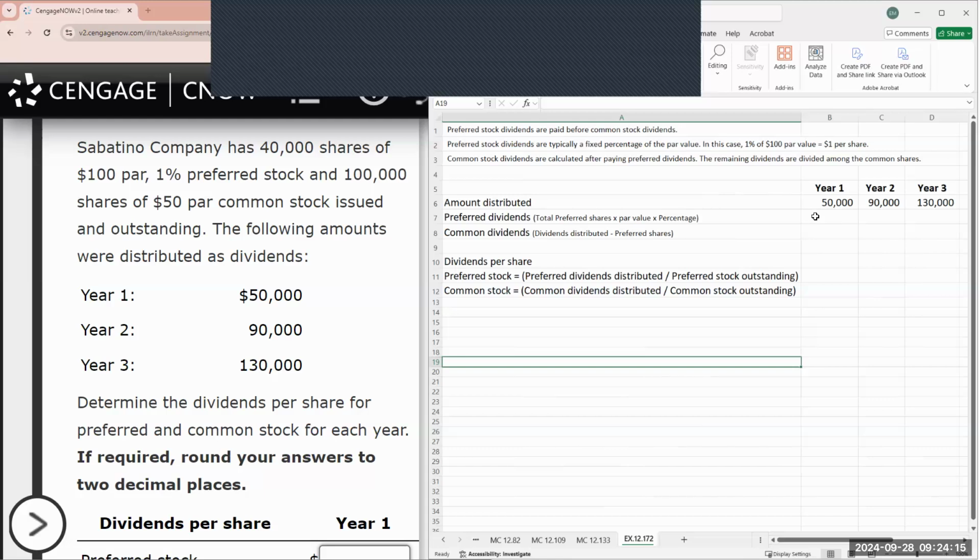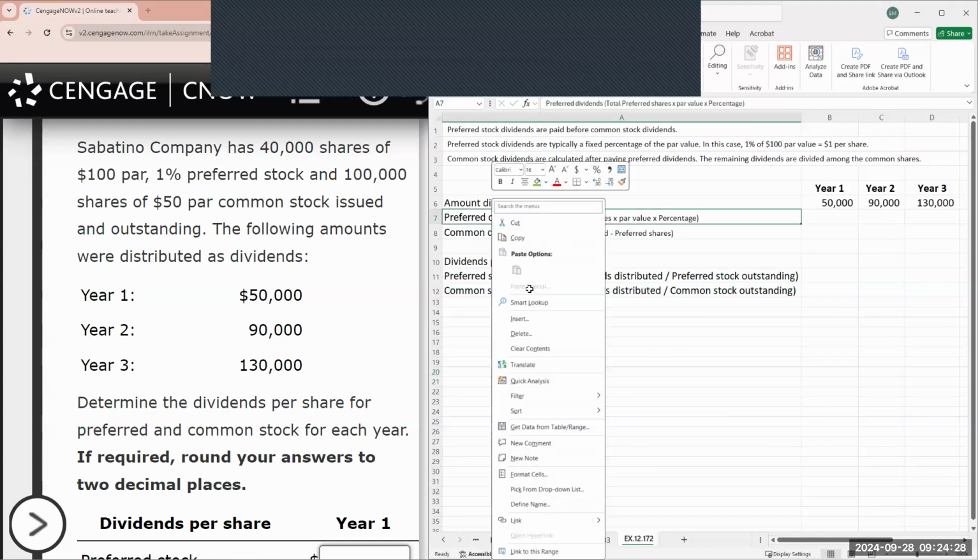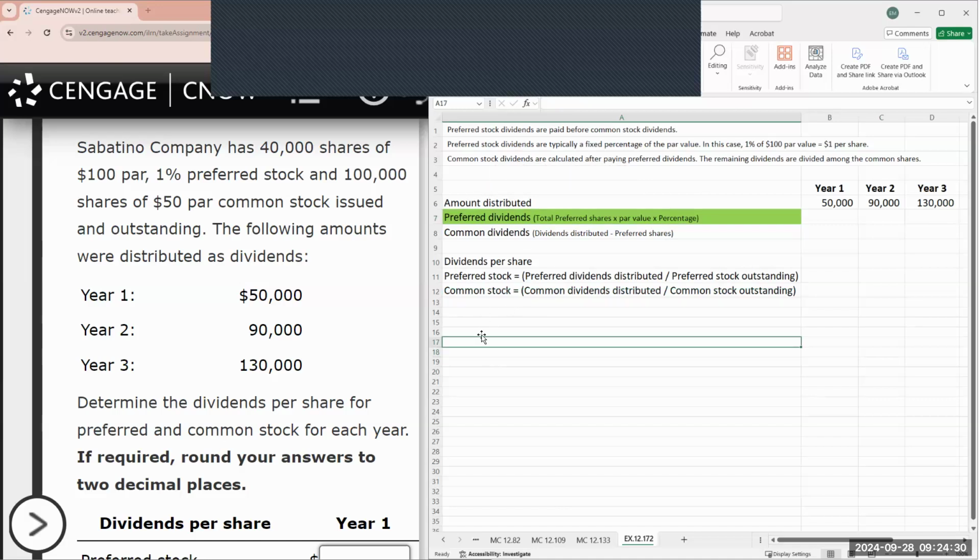Okay, so in order to determine how much is going to be paid for our preferred dividend, it's the total preferred shares of 40,000. Now I should do this calculation somewhere else so we know how much needs to be paid. All right. So it's the 40,000 shares multiplied by $100 per share. That gives us 4 million.